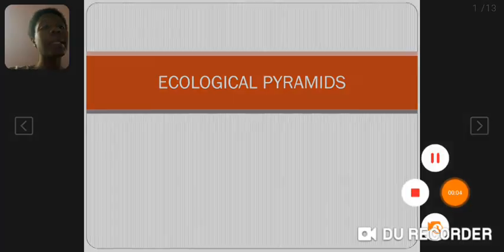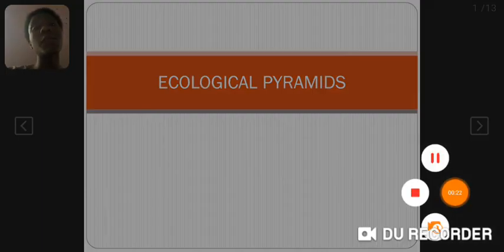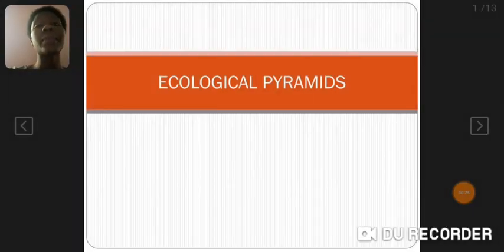So we'll be proceeding still on functional ecosystem, but this time we'll be talking about ecological pyramids. The last time we looked at food webs, food chains, and what a trophic level is. Okay, and we looked at the various trophic levels and their functional groups.